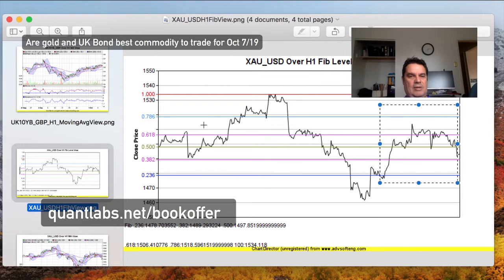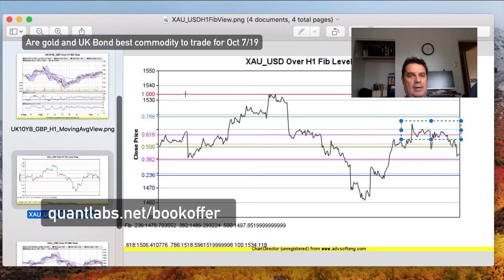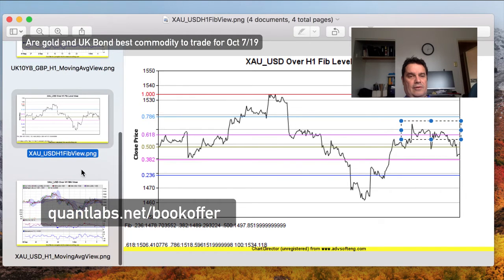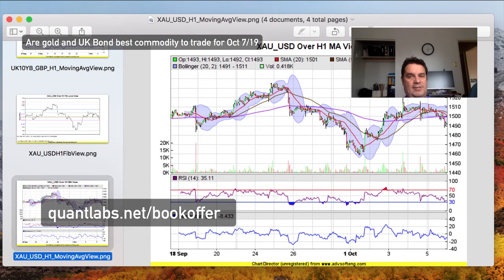We'd like to see what I just said, the 618 entry, and then make its way up to this level of 1. That's what we like to see, just not enough to push it through. I mean, there are entry signals, but it's just not strong enough to push it up. And again, if you look at the moving averages, you'll see what I refer to here. It's just been flat.